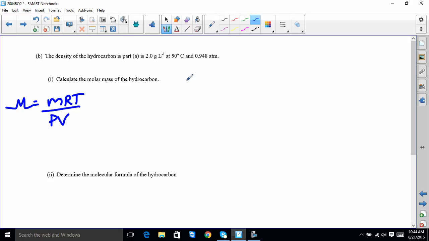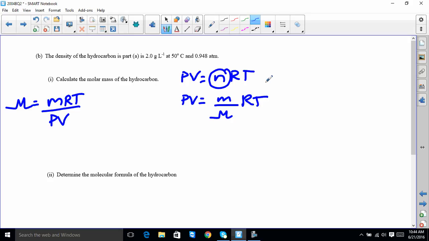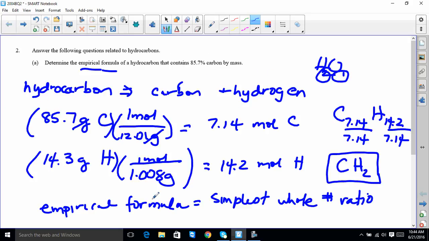But again, this is huge in gas laws. This is probably the most important formula, PV equals nRT. N is the number of moles, and the way that you calculate the number of moles is mass divided by molar mass. You can actually see that back here, that when we have mass and we want to convert to moles, we end up dividing by molar mass.